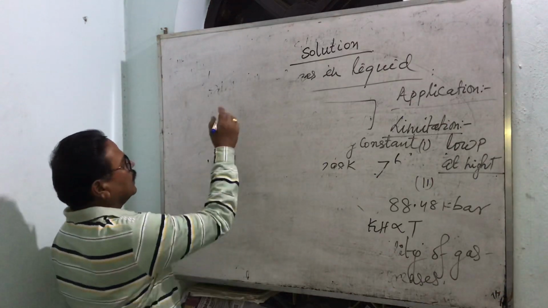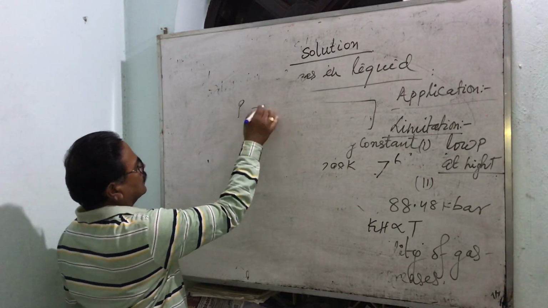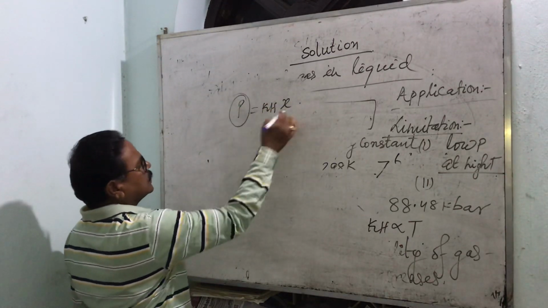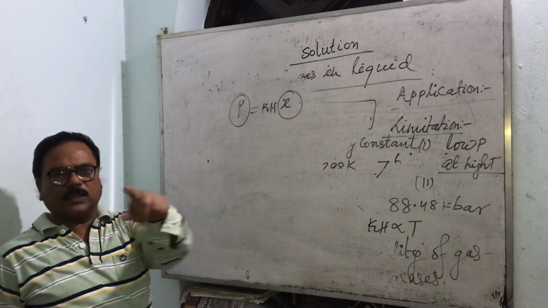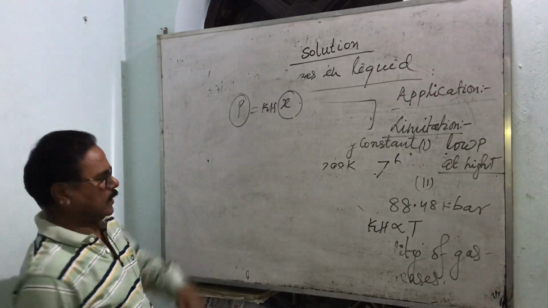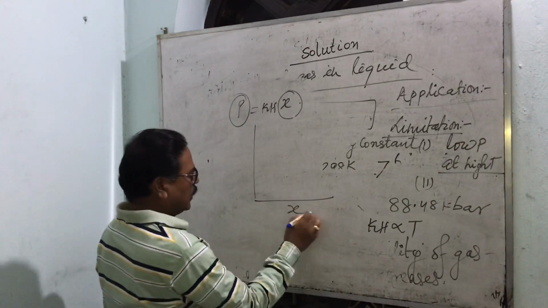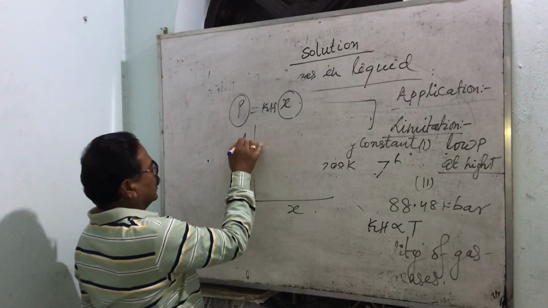Before that, what is the relation? P is equal to KH into X. So here partial pressure is directly related to the mole fraction. It is called a linear function of the pressure and the mole fraction. If we plot a graph between the mole fraction and the partial pressure of the gases, what will happen?